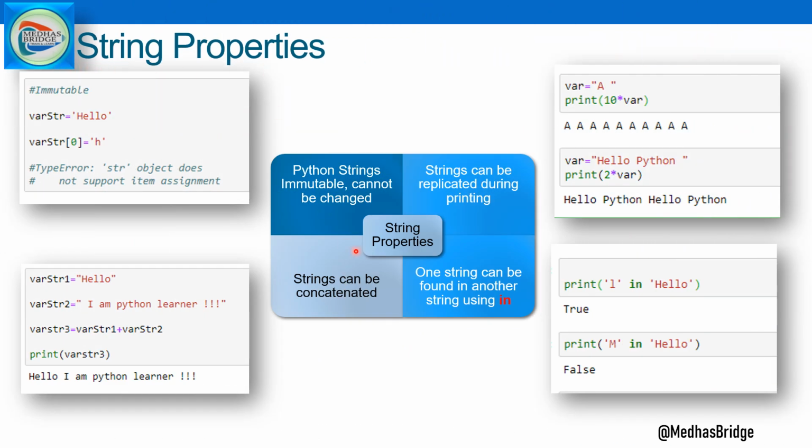String properties. Python strings are immutable and cannot be changed. Here is an example. Strings can be replicated during printing. In this, we are trying to print A 10 times. Here is the output. A gets printed 10 times. Similarly, the string hello Python gets printed 2 times.